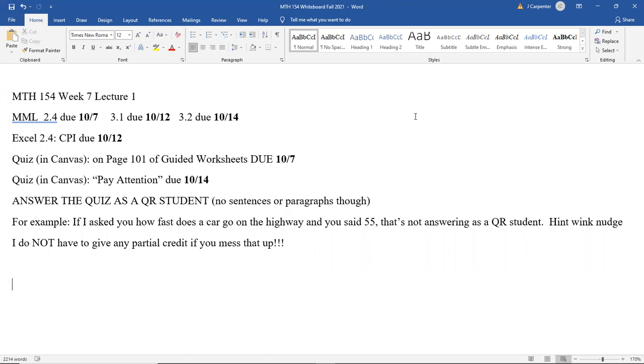We did assign that Excel 2.4 CPI file last time, due on the 12th. As I warned you, that one feels a little different because, and I did not say this part last time, you actually have to fill the formula up instead of down. But that doesn't change anything, because you're going to be propagating the cost of an iPhone backwards in time, even to points in time where iPhones didn't exist, using a CPI table.